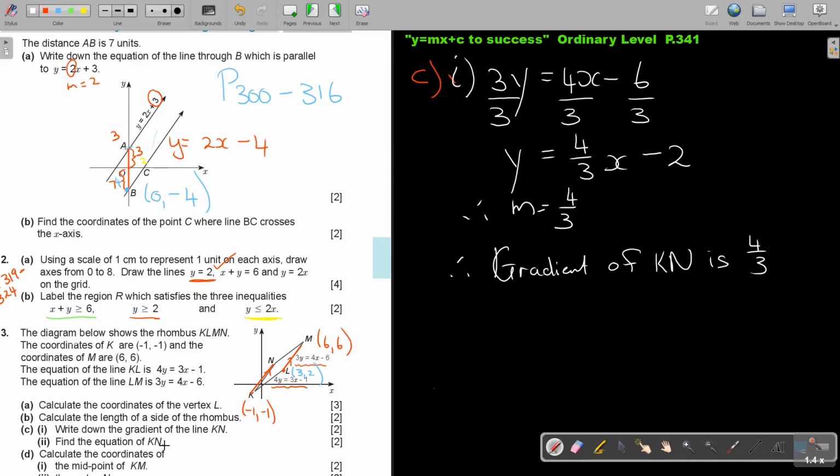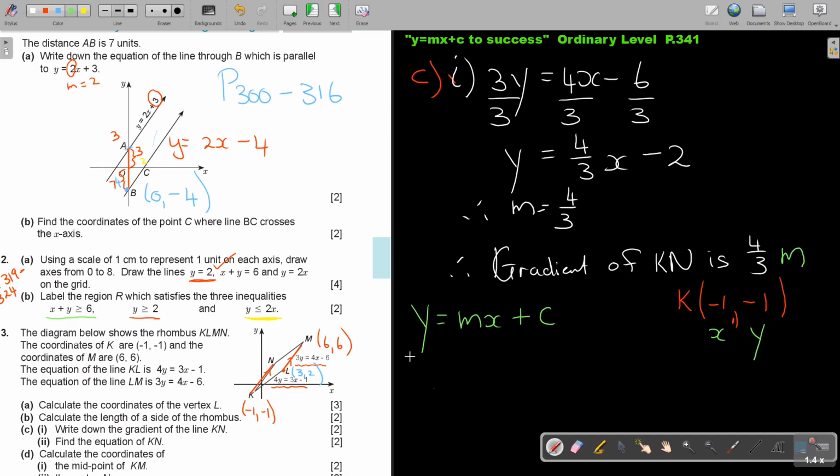Find the equation of KN. So I have the gradient and I have a point. I have the point K. It's going through K. So I'm taking my point K, bringing it in. What's my point K? -1 and -1. So this is going to be x, and this is going to be y, and this is going to be m. So if I start, I say y is equal to mx plus c.